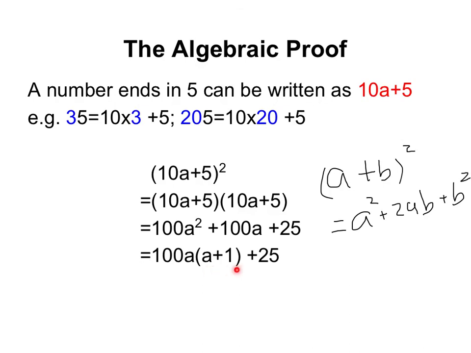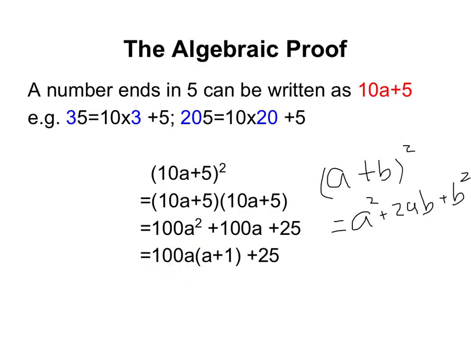Then what is a plus 1? a plus 1 is the next number higher than a. So if our a is 3, then a plus 1 is 4. So it's 3 times 4, right? In this example here, 35. Or in the example of 205, it will be 20 times 21. And then we take this result and multiply by 100.